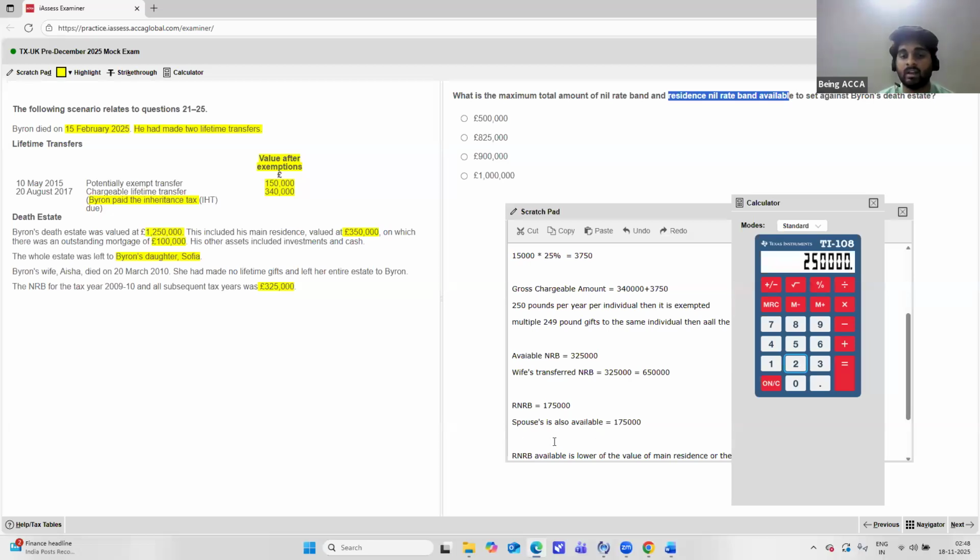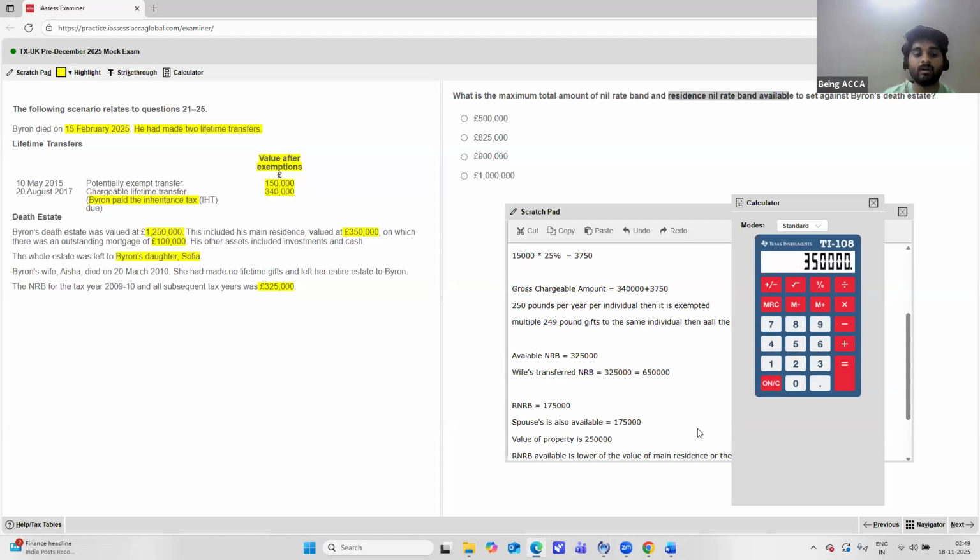The value of the property is 250,000, but the total RNRB available with us is 175,000 plus 175,000, that is 350,000.